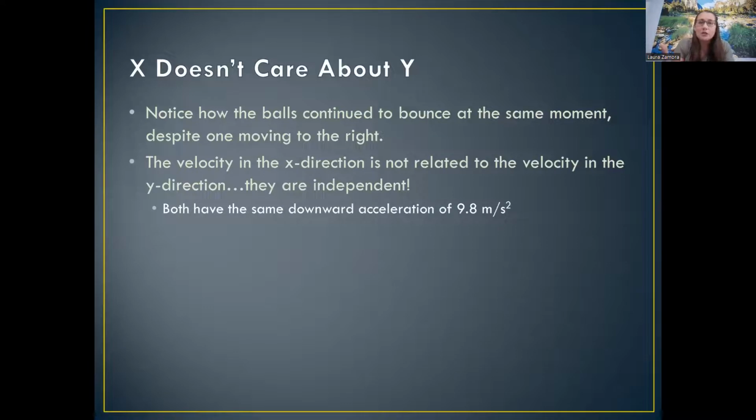If we're given an initial velocity, is that a horizontal velocity? Is that a vertical velocity? We cannot combine the two together. We cannot have x's and y's in the same equation. They're two completely different things, independent of each other.